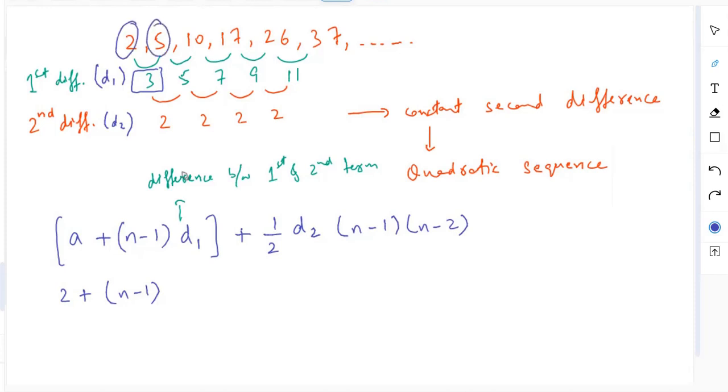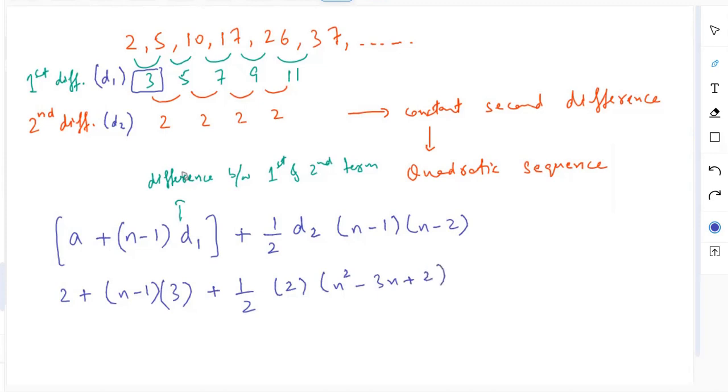The difference of 2 and 5, right? 5 minus 2, that's 3. We put 3 there, plus 1 over 2 into d2. You use d2 only when the second difference is constant. What is the second difference? 2 into n minus 1 into n minus 2. You can simplify it and write it if you want. If you simplify, it becomes n square minus n minus 2n, that's minus 3n plus 2.